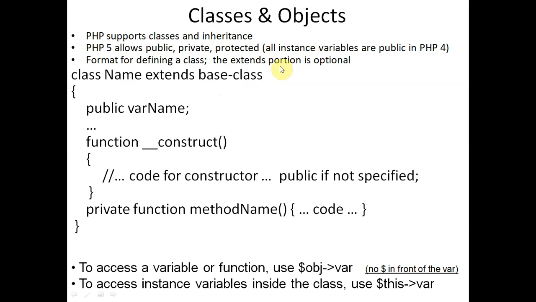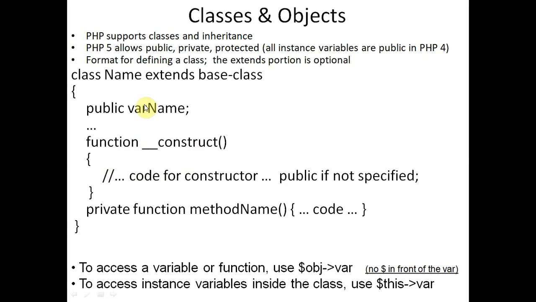PHP follows a procedural approach and is used for server-side programming, but it also has the concept of object-oriented programming. That's why it is very useful, because nowadays all programming is done with the object-oriented concept. It is faster than the procedure-oriented concept.